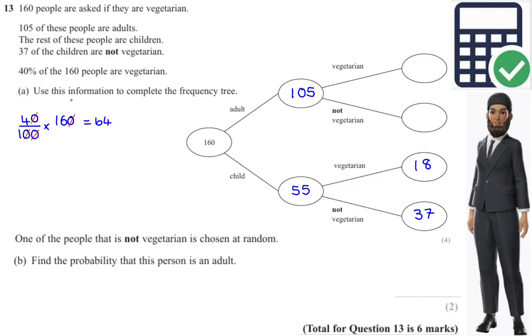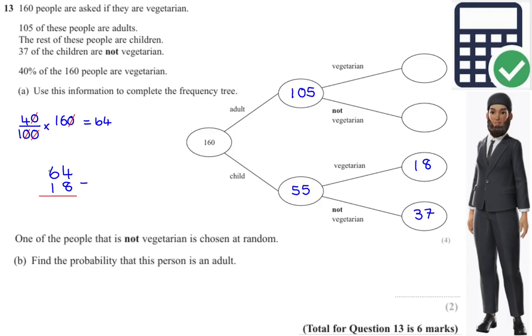who are vegetarian. Now, if it's vegetarian, what I need to do is 64 take away this, which is a vegetarian, which is going to be 18. So let's take that away. And then what do we get? We're going to have to borrow straight away.